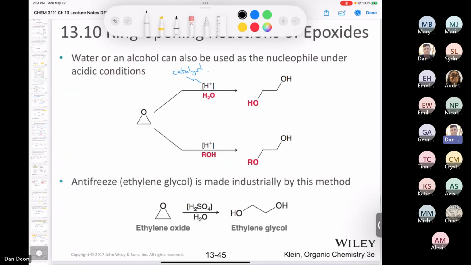Then a molecule like water can come in as a nucleophile and open up the ring, or an alcohol could come in and open up the ring. But again, since water and alcohol are weak nucleophiles, you have to have an acid catalyst. Maybe I should have written here acid catalyst like that. And in fact, ethylene glycol is made this way. They take ethylene oxide and just treat it with sulfuric acid and water.